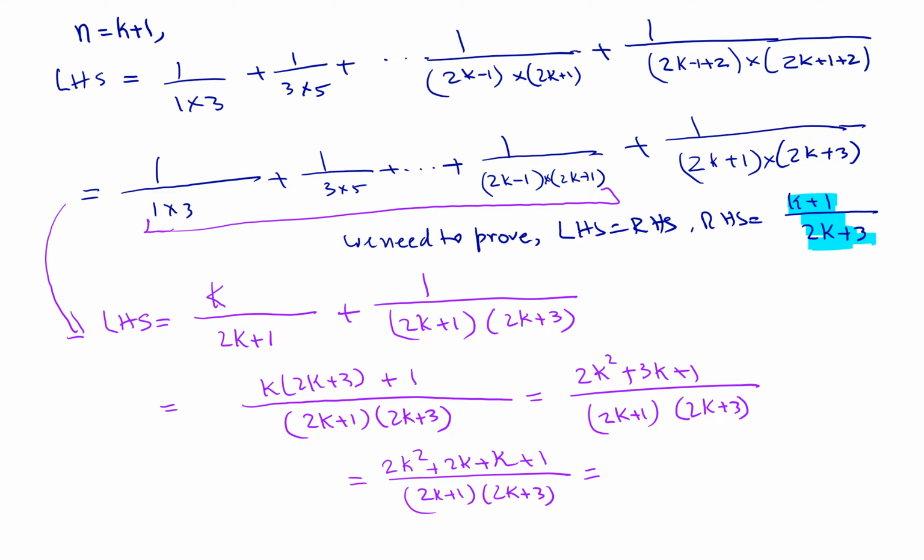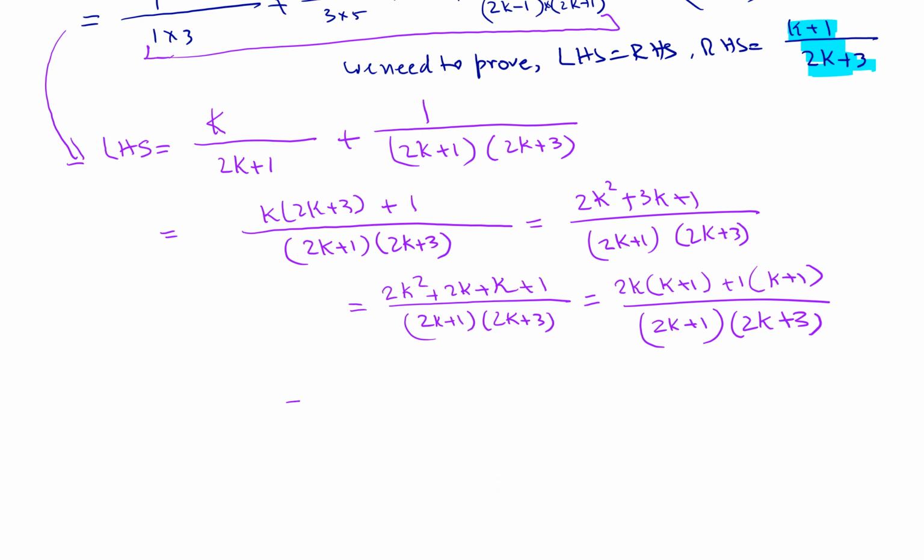I can now take 2k outside the bracket. It would be 2k times k plus 1, plus k plus 1, over 2k plus 1 times 2k plus 3.